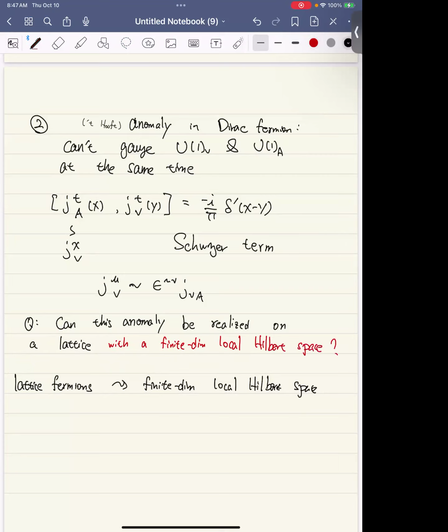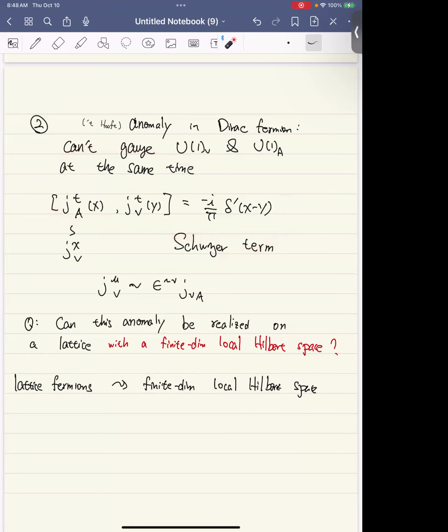Okay. The reason this condition is interesting is for the following few reasons. Well, first, as I said, for practical purposes, if you work with lattice fermions, typically the local Hilbert space is finite dimensional. Second, it is known that if you are willing to work with an infinite dimensional local Hilbert space on the lattice, then it is possible to realize such an anomaly.